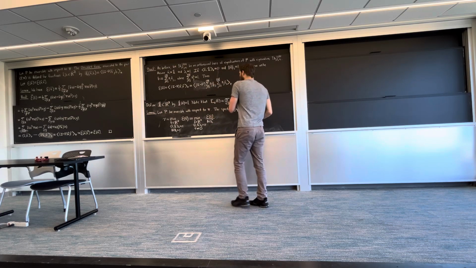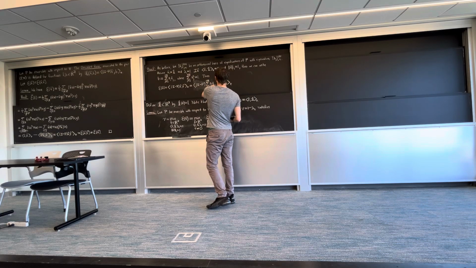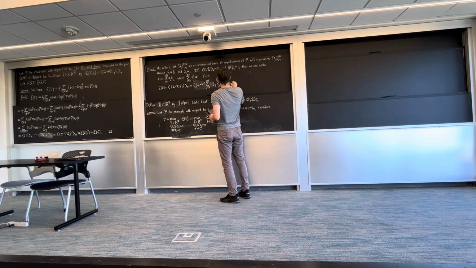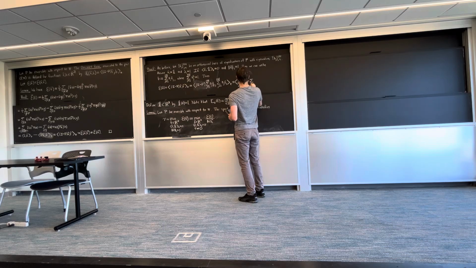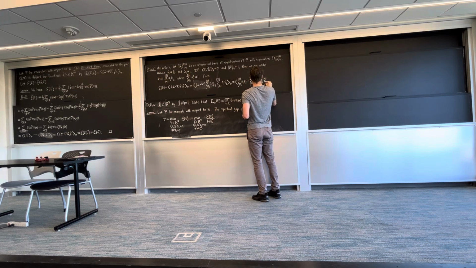Let me move this in here: this is the sum from j equals 2 to the size of X of a_j f_j minus the sum of a_j P f_j.